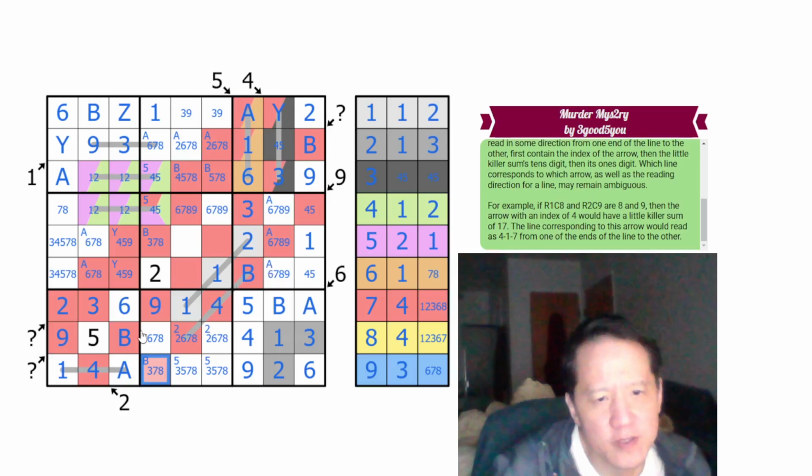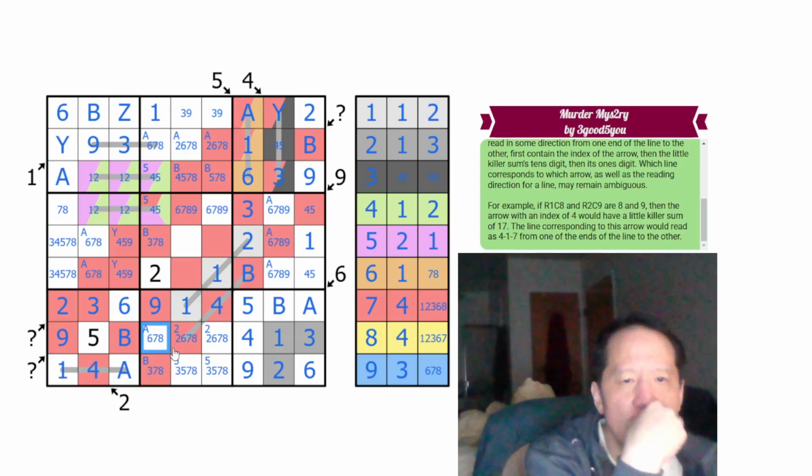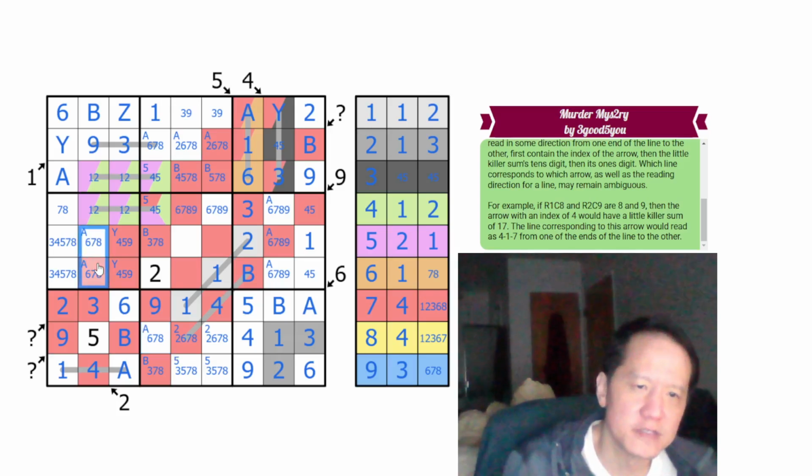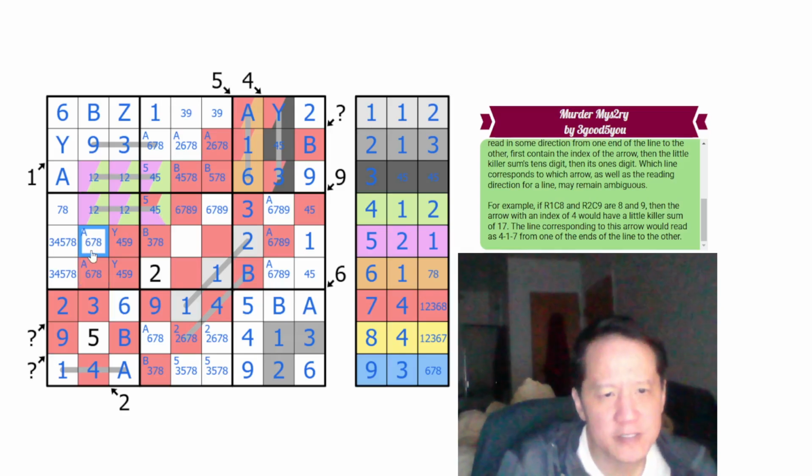So one of these is A. This is A or 6. This is A or 6. And this is A or 6, interestingly enough. Oh, we also have, yeah, a 6, 7, 8 triplet in box 4.